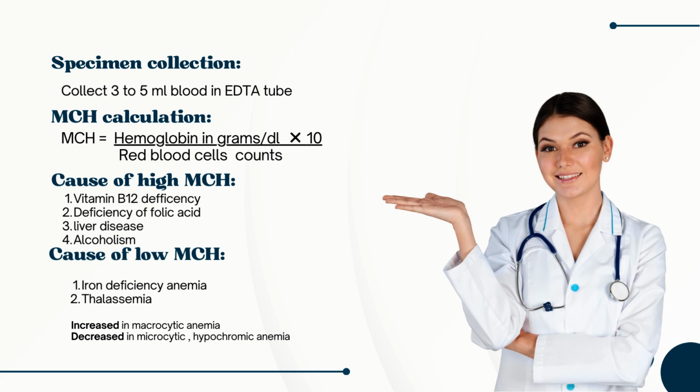Specimen collection. Collect 3 to 5 milliliters blood in EDTA tube. MCH calculation. MCH equals hemoglobin in grams per dL multiply by 10, divided by red blood cell count. Cause of high MCH.